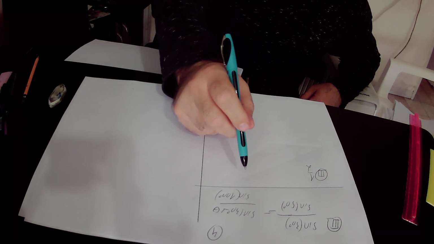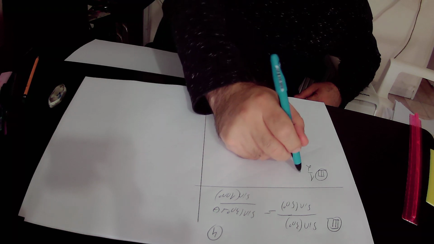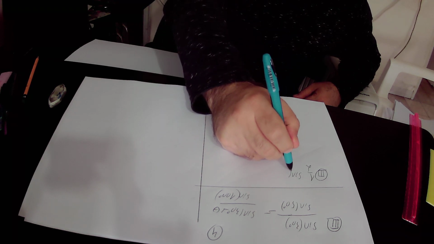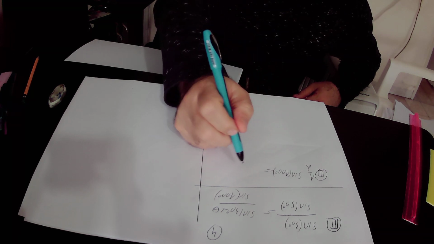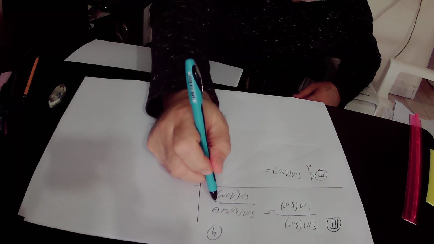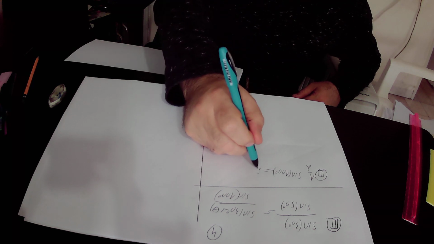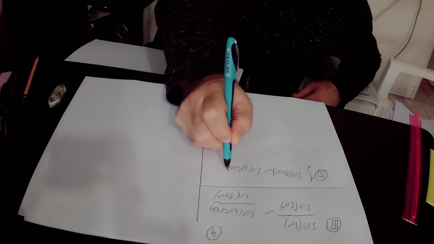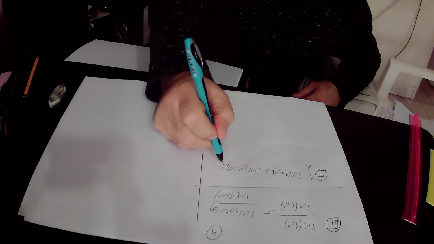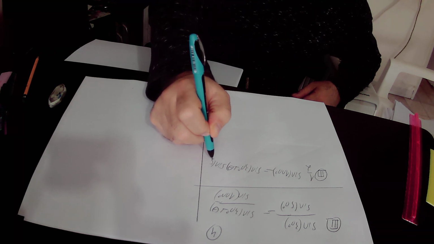So it is 1 over 2 times sine 100 degrees. That equals sine 30 degrees plus theta times sine 50 degrees.